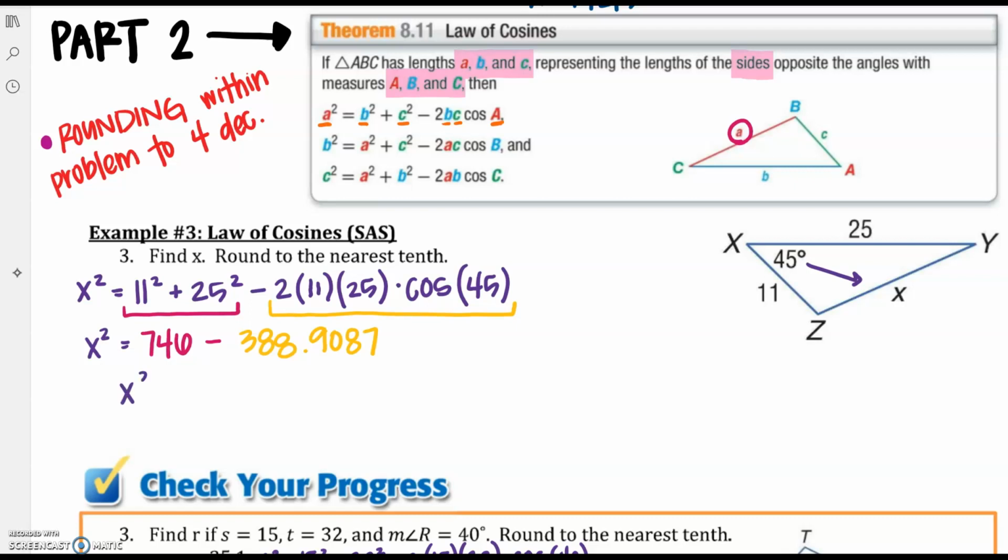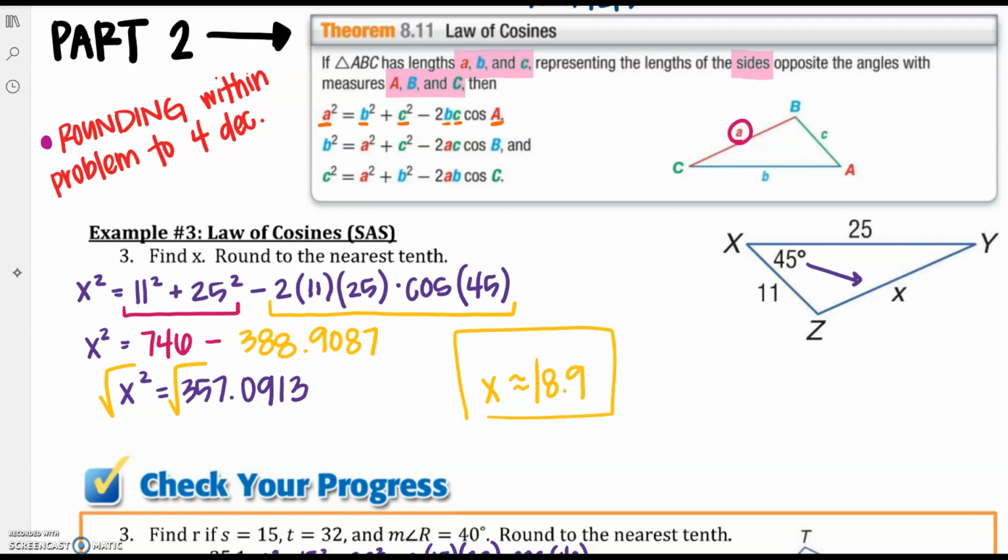So continuing that, x squared equals 357 point, I'm going to go to 4 decimal places. And then the last thing, to get x by itself, I'm going to square root that. So my x side is about 18.9 units. Okay, so again, not terribly hard to plug in those numbers, but you've got to take your time when you're solving.